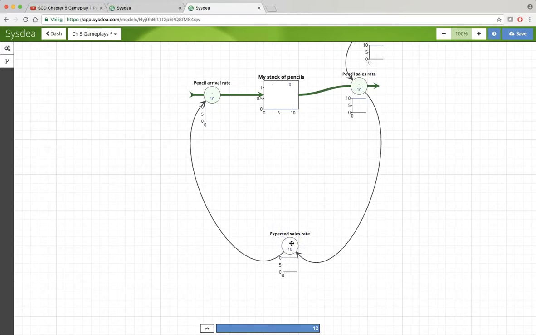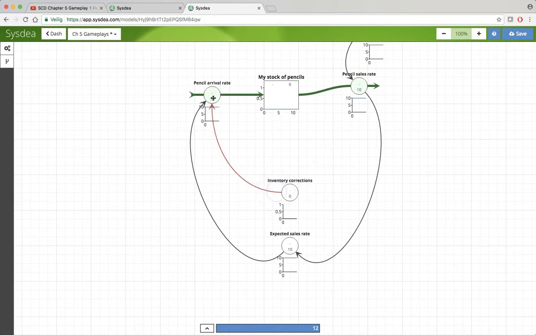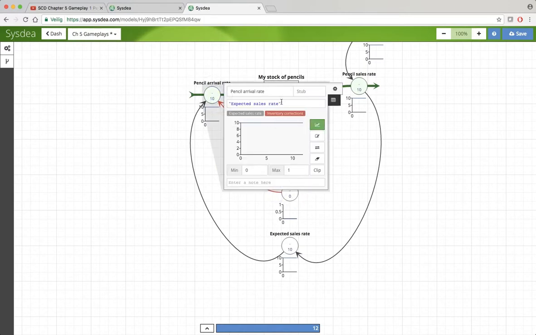Perhaps we can be a bit more sophisticated because we still haven't done something about this stock, 0 stock. So let's also include some inventory corrections. And we want those inventory corrections also to go in here.